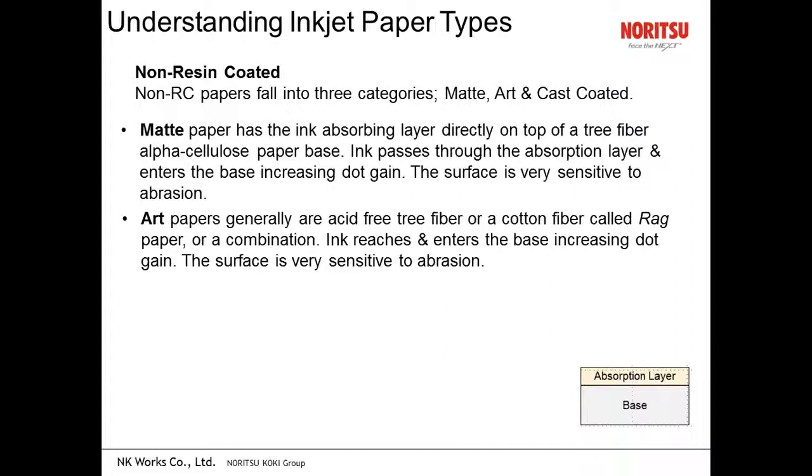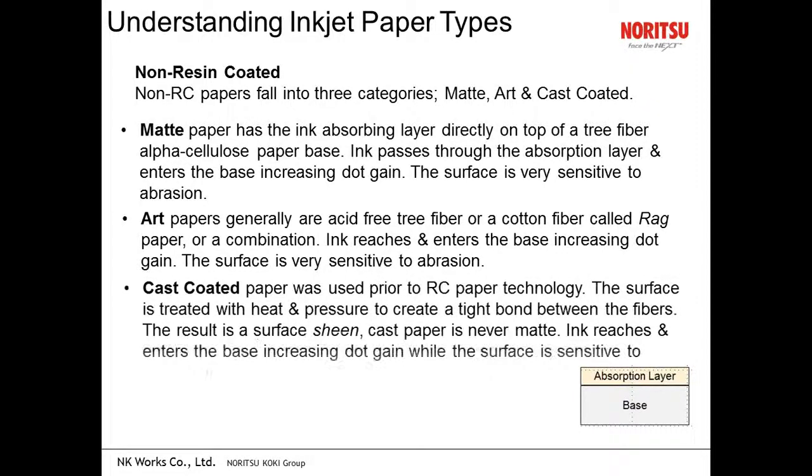So acid-free paper is requested by a lot of purists because they want to ensure that the paper does not yellow over time. The photographic paper manufactured by Noritsu is acid-free. The paper fiber itself is a cellulose tree fiber, but it's not bleached with acid. So it won't yellow over time, such as traditional papers have in the past, like a newspaper.